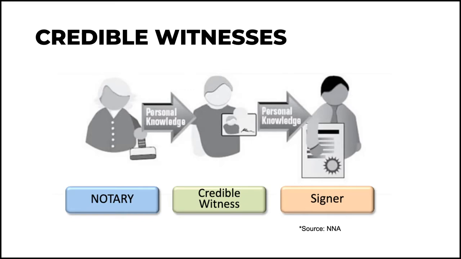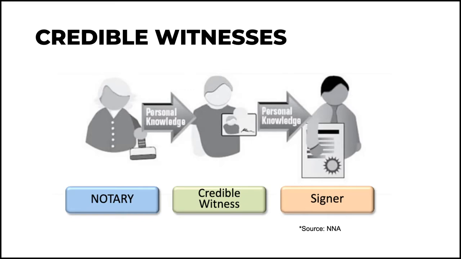Witnesses usually have to be impartial to whatever the signer is signing as well. So if you have a contract that is signing over land to the signer and the credible witness, you can't use that credible witness anymore, right? That's the signer now, not a credible witness. There are also laws in place for using credible witnesses for signers that are not kin, just like how you cannot notarize your spouse's signature on documents because you might have a vested interest.